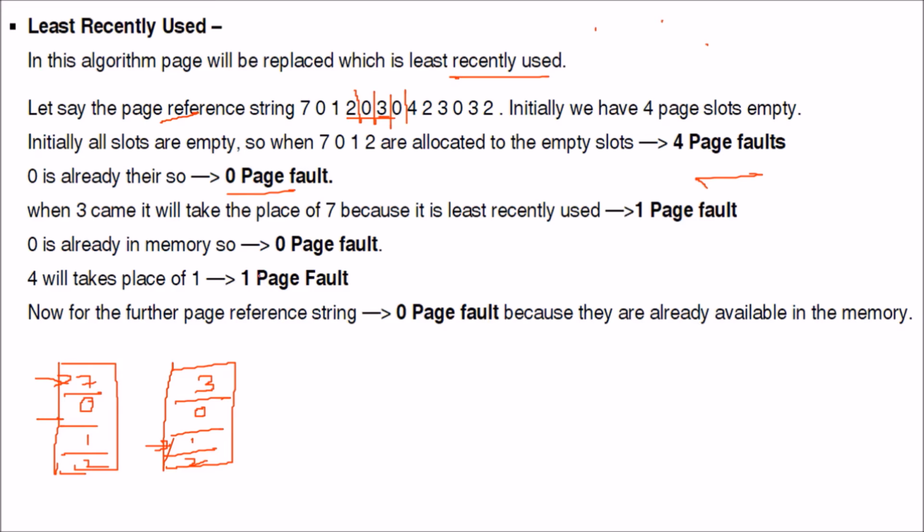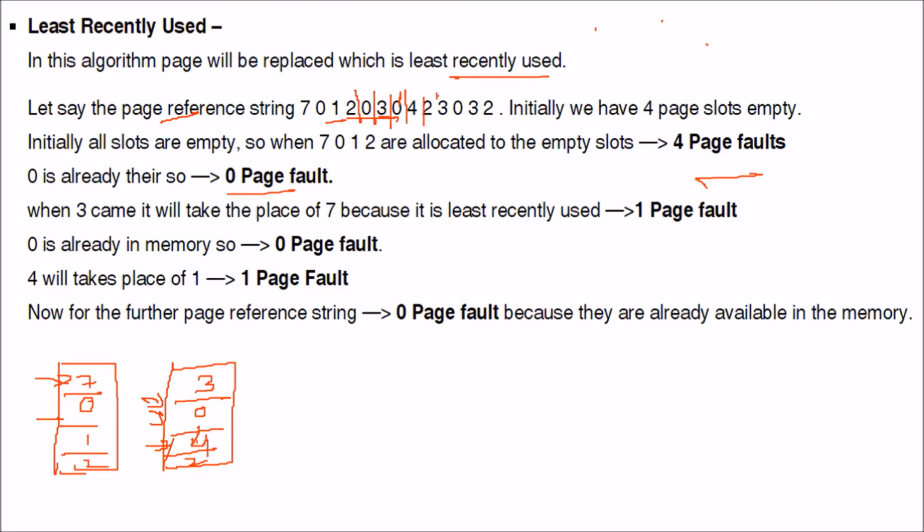Now 4 has come. So what will be done with 4? As we have seen, 1 is not used, because 0 is already in memory, 0 has just been checked. 0 has come earlier, that is a good question, but 0 has just come up to see whether it belongs here or not, but 1 has not come for long.